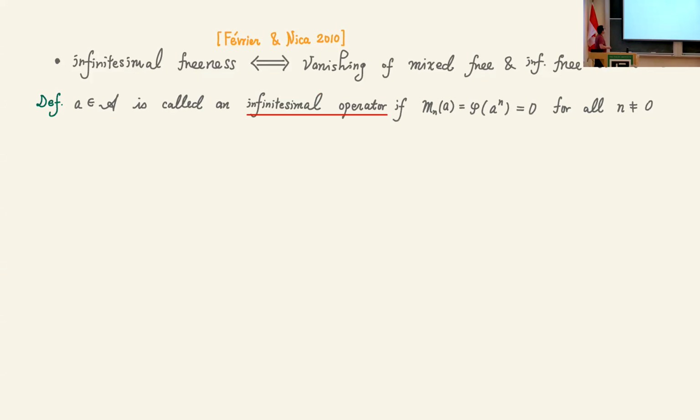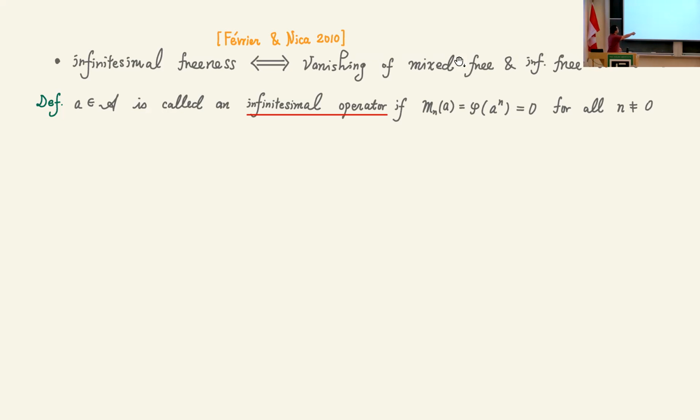Now let's move on to the new notion. For a given element a in an infinitesimal non-commutative probability space, we can ask whether it is an infinitesimal operator. What is an infinitesimal operator? Its behavior is like a delta at 0.